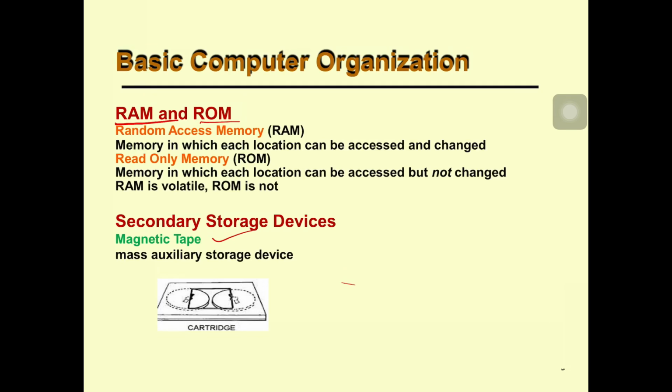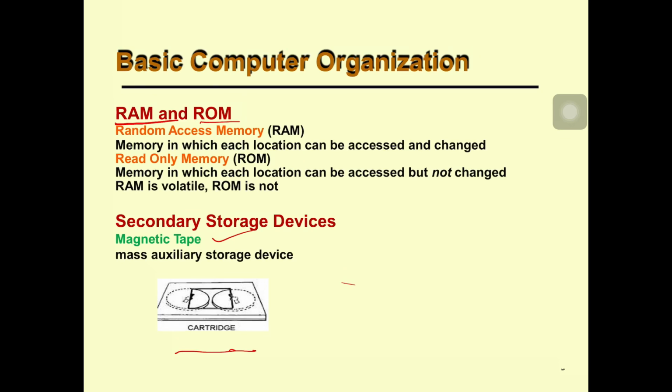Previously magnetic tapes were used, but these are sequential access devices, just like tape cassettes in the earlier days, in which if we want to access the data, we have to pass the data before it.